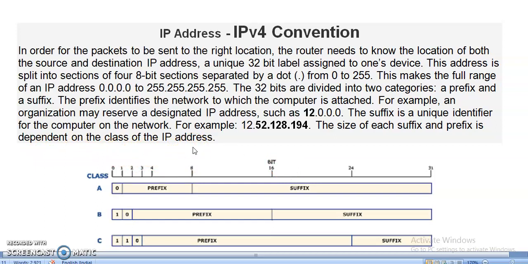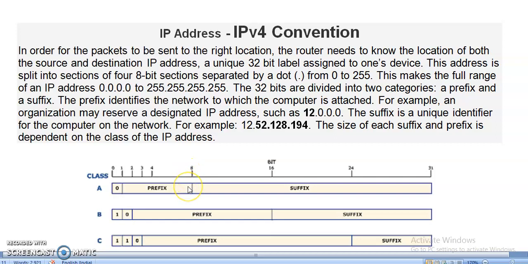Here, what this definition is trying to say is that these 32 bits are divided into two categories, a prefix and a suffix. This is an IP address with 32 bits and 4 octets of 8 bits each.